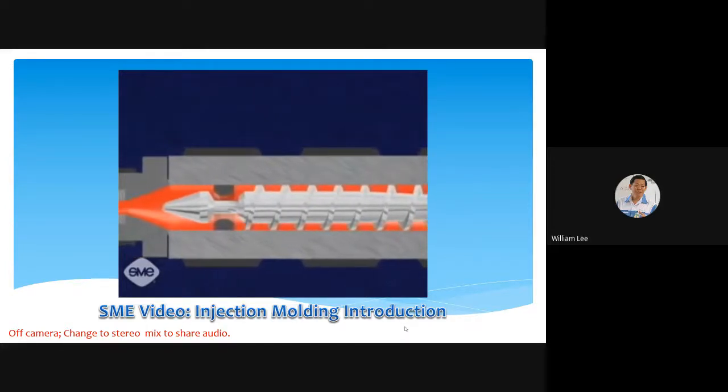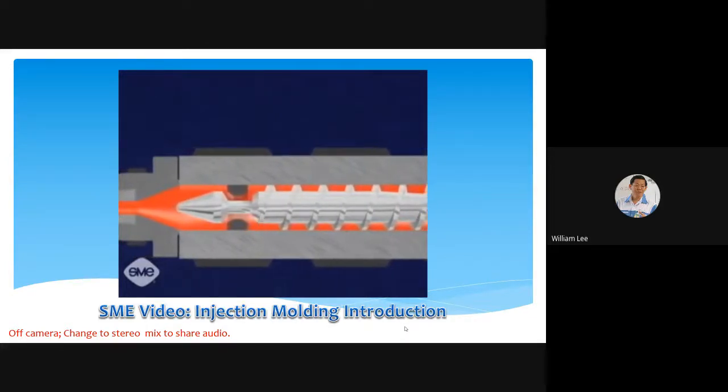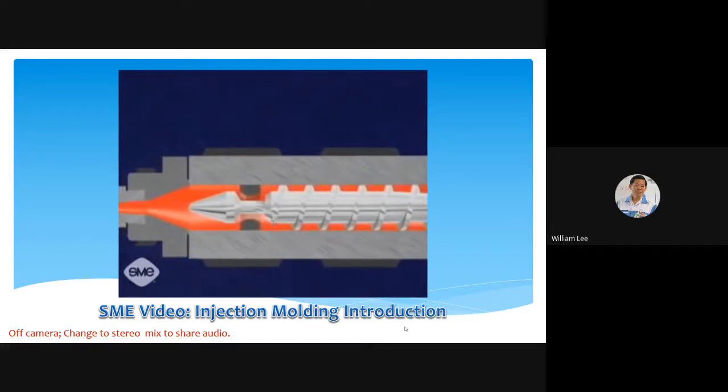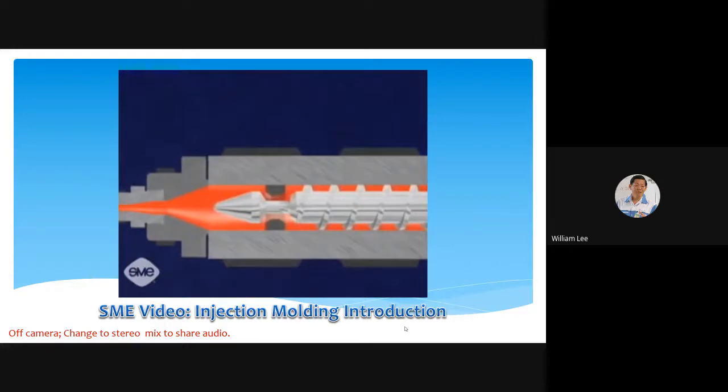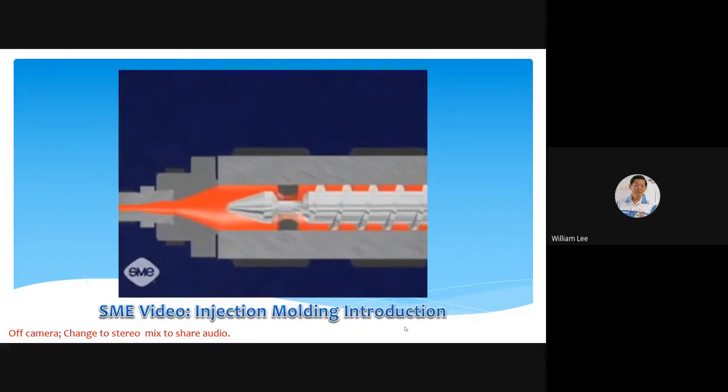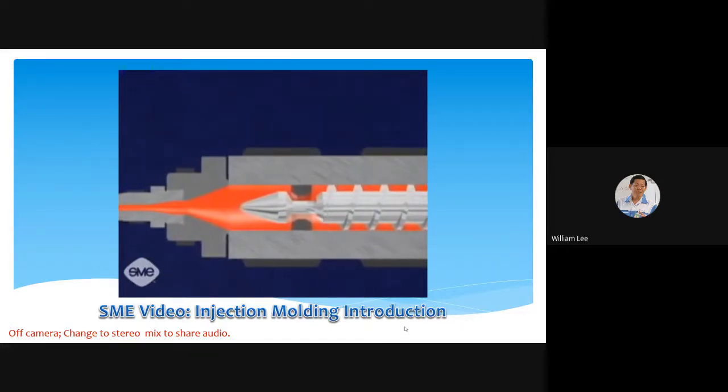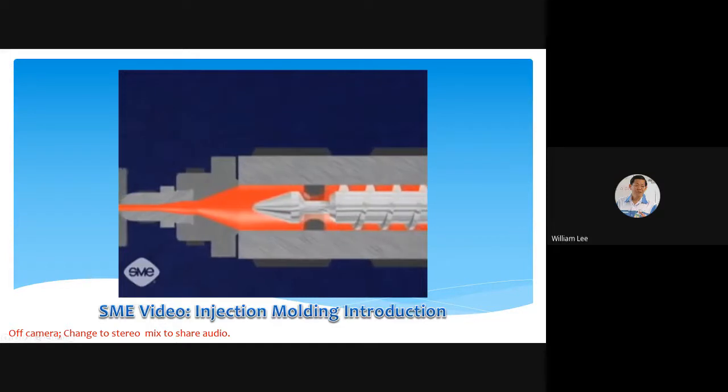The tip of the screw has a one-way valve which lets the material flow only towards the nozzle end. The force of the plasticized material pushes the screw back as it turns. This builds a chamber of plastic in front of the screw.